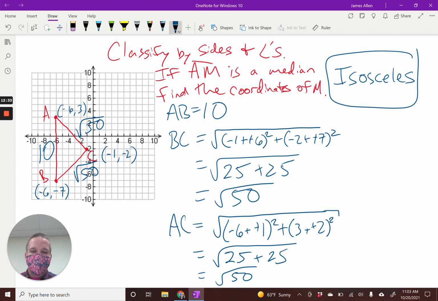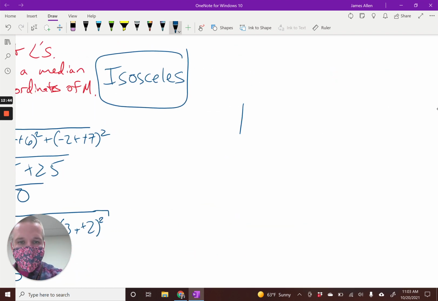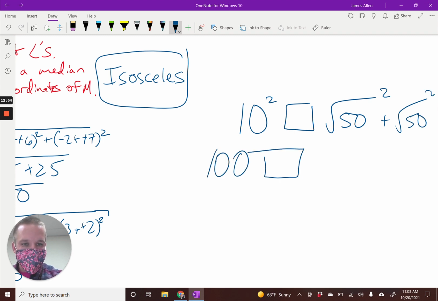All right, so it's isosceles. And how about by angles now? I've got my 3 sides. Which one's the longest side? Well, the square root of 100 is 10, so 10 is going to be longer than the square root of 50, which is pretty close to the square root of 49, which is 7. So my largest side is 10. The other 2 are legs. 10 squared is 100, and then the square root of 50 squared plus the square root of 50 squared is 50 plus 50.